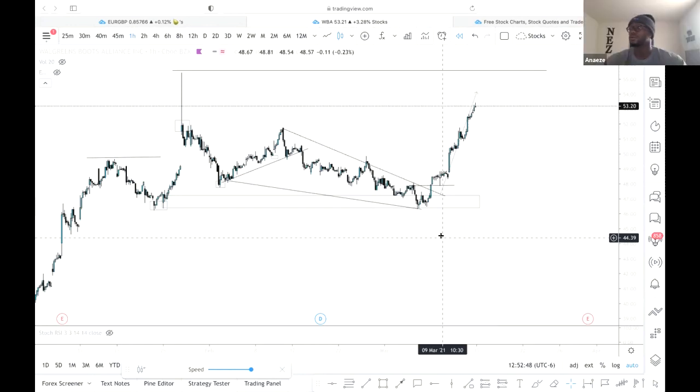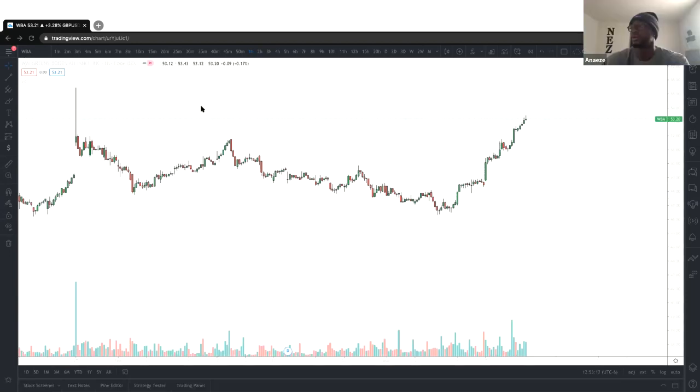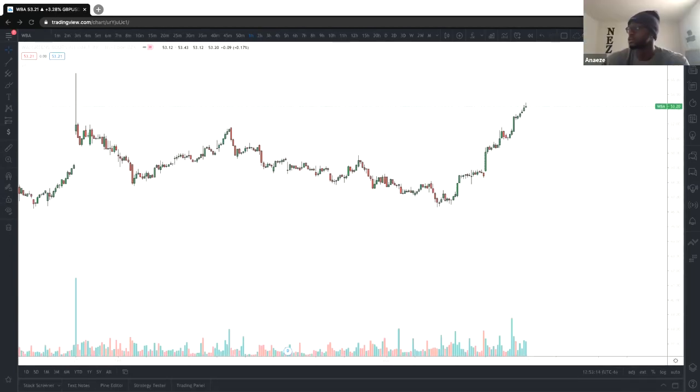Clear chart. He is on the 1 hour, so I'll open the 1 hour too. I'm going to go ahead and share my screen. There we go. So as y'all can see here, we have Walgreens, which is WBA.